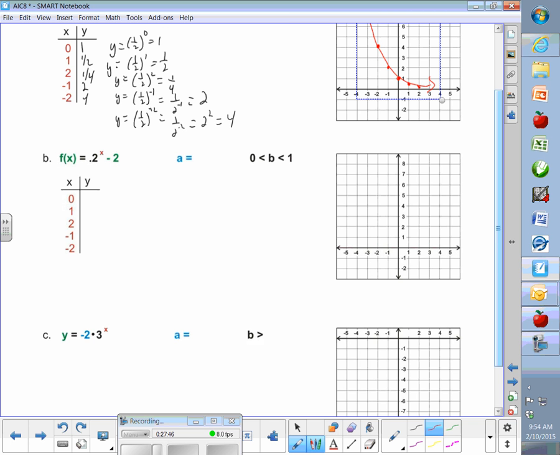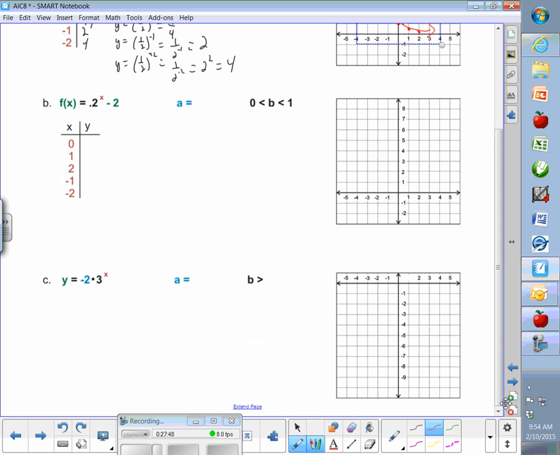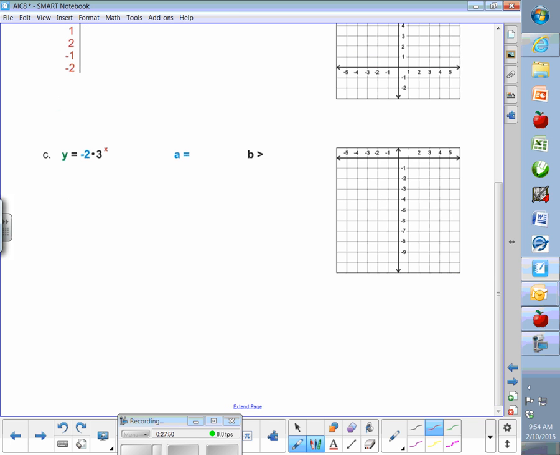Let's look at the last one here in the last couple minutes, C. So here, C is the one where we have a negative a value, even though the b is greater than 1, right? So what would you do to graph this? You'd start with an XY chart. What's always a great value to start with? 0 is better.